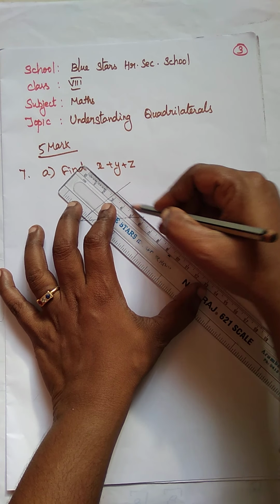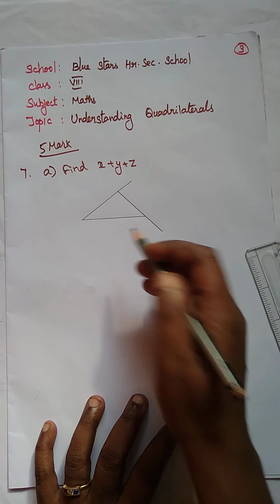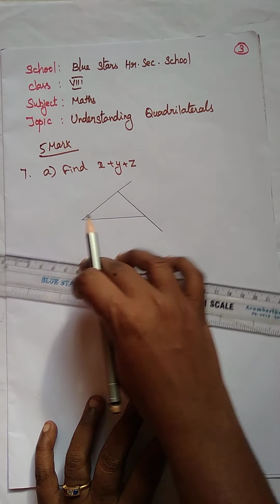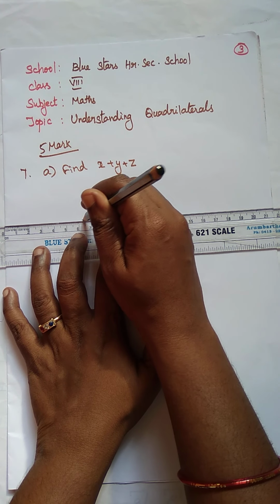Using scale and pencil only, you have to draw the diagram. Without scale and pencil, don't draw it. Since it is the exterior angle, we want to extend the side.